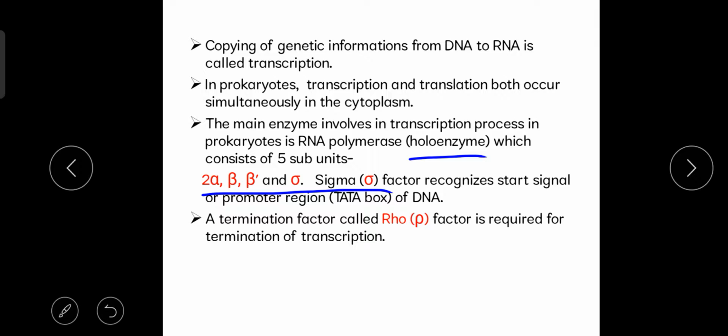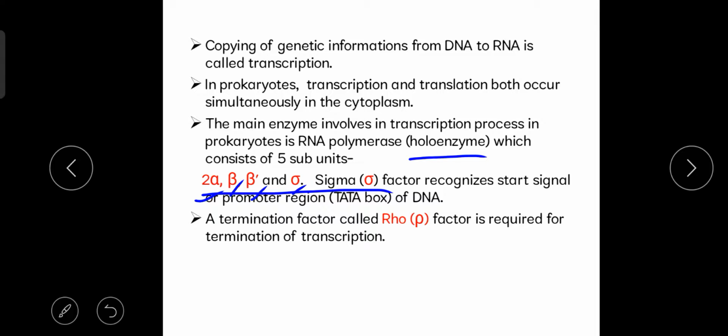It consists of 5 subunits. Remember: 2 alpha subunits, 1 beta subunit, 1 beta prime subunit, and 1 sigma subunit, or you can say sigma factor.